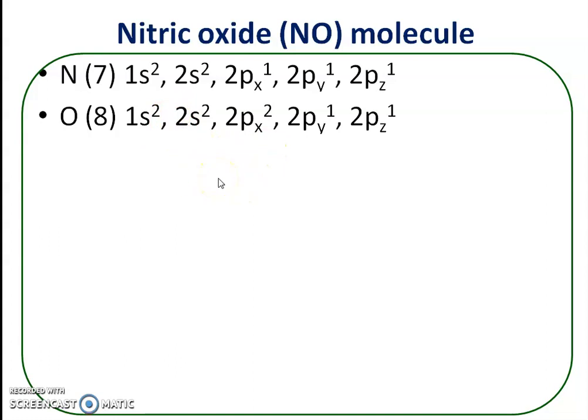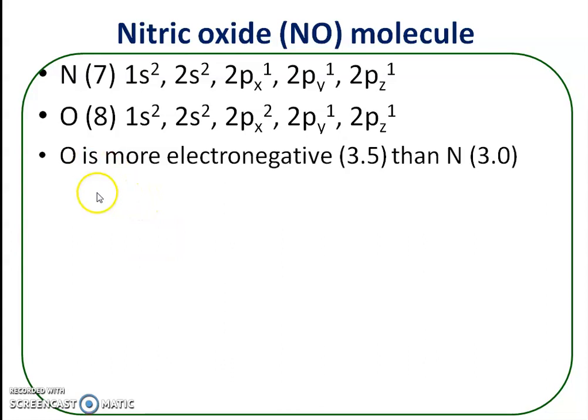At the time of formation of a chemical bond, only outermost electrons, or valence shell electrons, are involved. So in both cases, nitrogen as well as oxygen, electrons present in the 1s atomic orbital are not involved in bond formation.